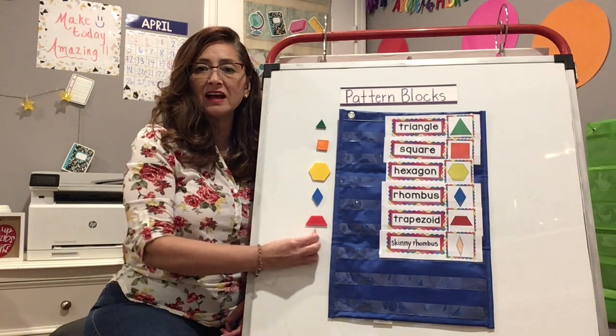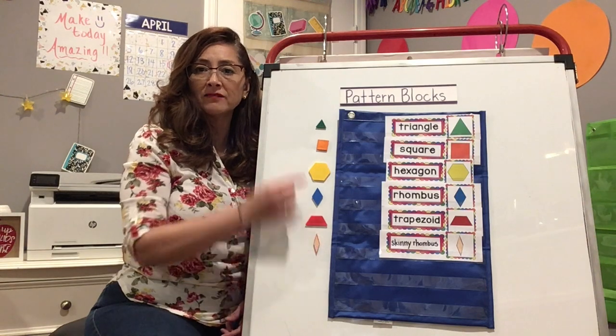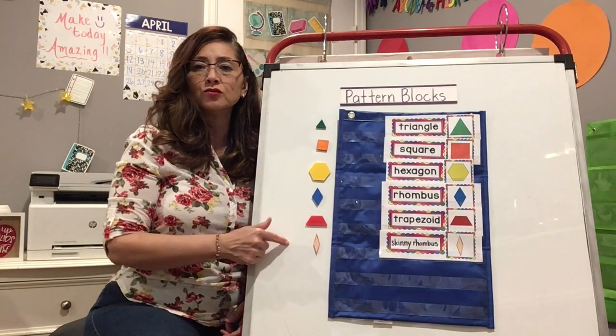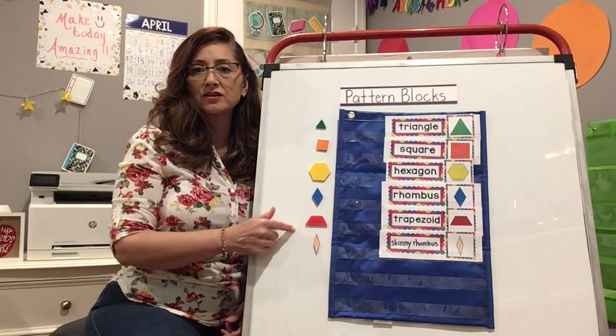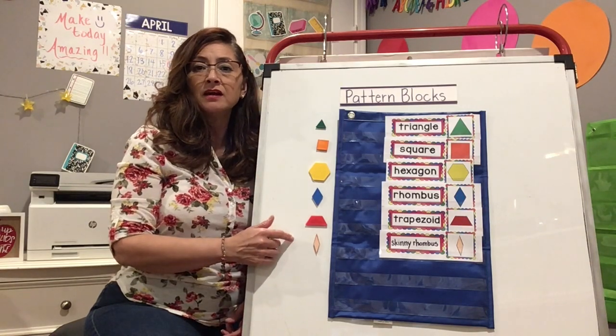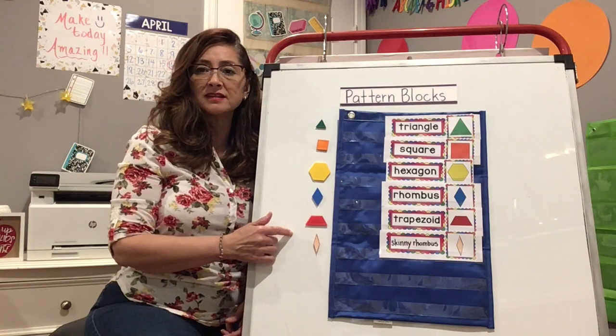So this is the other shape that is part of our pattern blocks. And you've seen these blocks at school. We've used them before to form letters, and even to form numbers. So today we're going to use these shapes in our lesson.